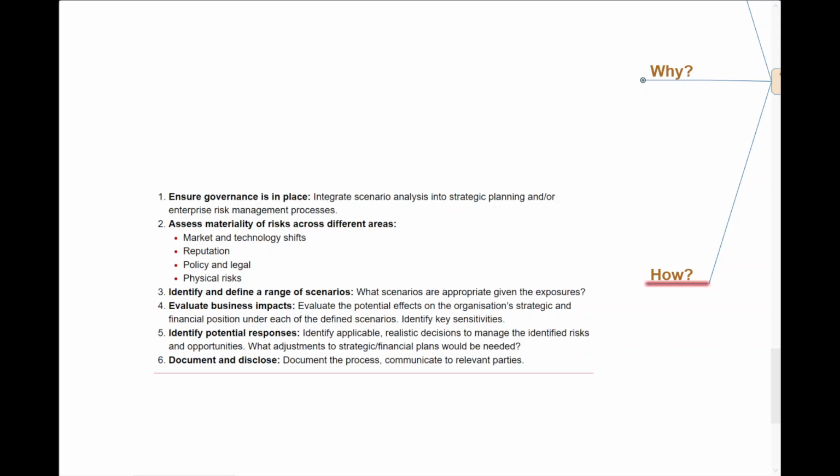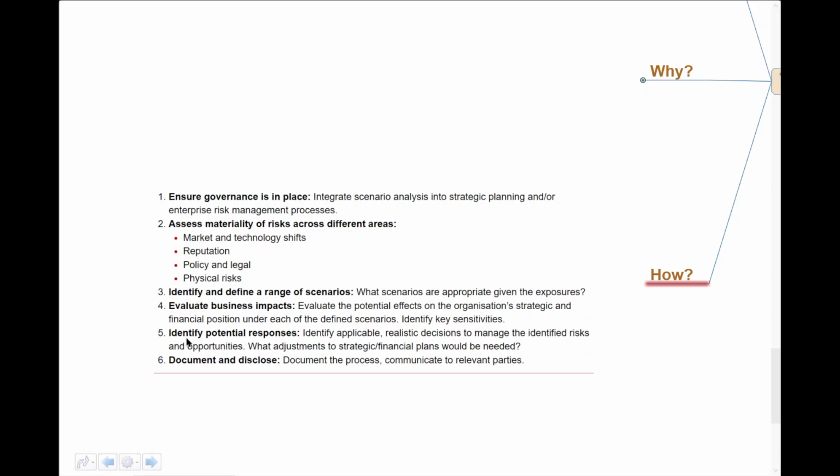In other words, the effect of the scenarios in number 3 on us strategically and financially, and identify key sensitivities, where we should have serious concern. If scenario number 2 comes up, this could happen in this area of our business, for example cash flow or staffing or regulation.